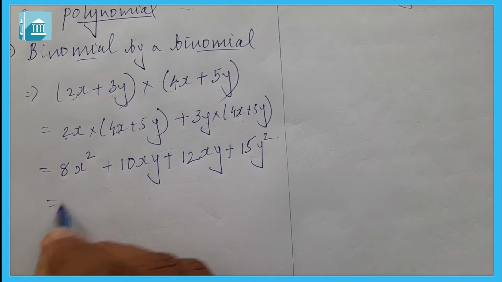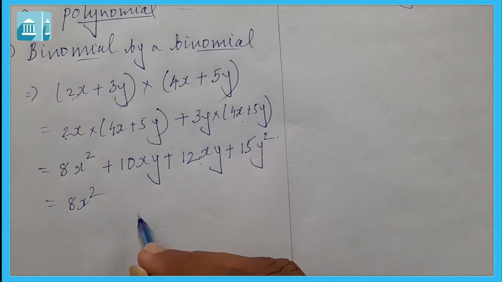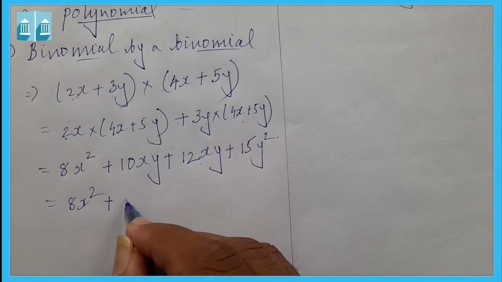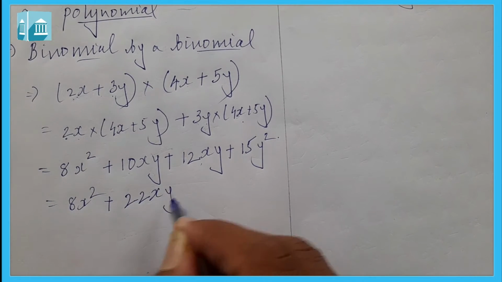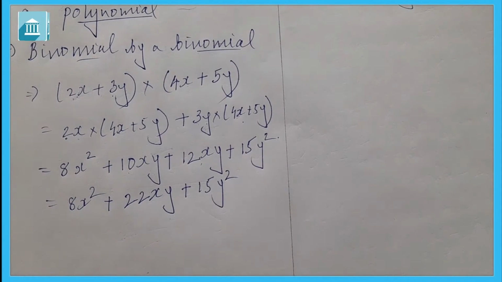Now this can be written as 8x square plus 10xy plus 12xy, which will be equal to 22xy plus 15y square. So this is the answer.